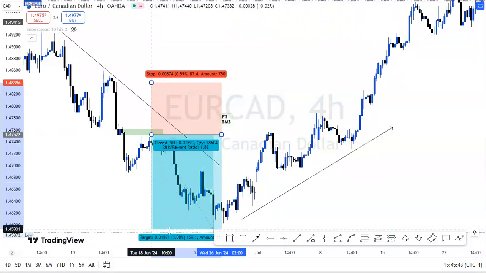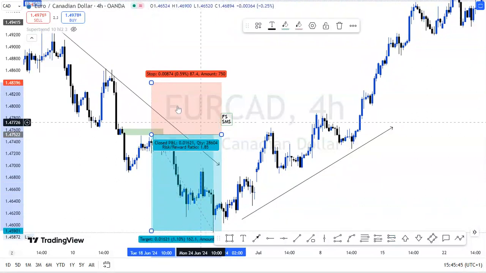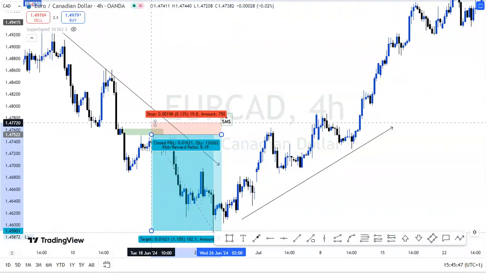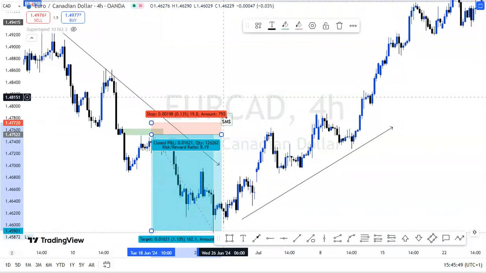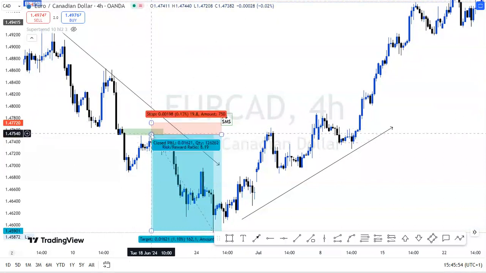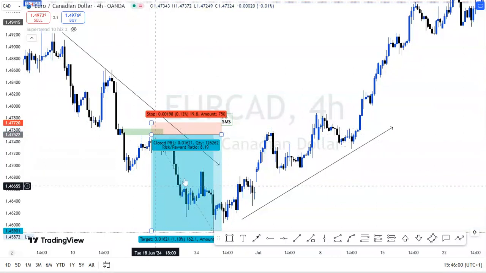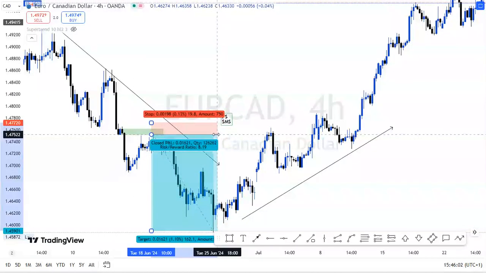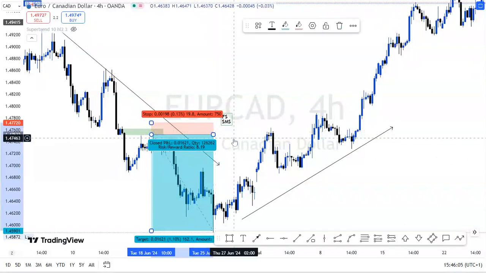And it came all the way to about 160 something pips. The stop loss will be somewhere around here. Very tight stop loss, considering that we're using this other block to take our trade. So this is a 1:8 trade. So that aside, let me delete that.